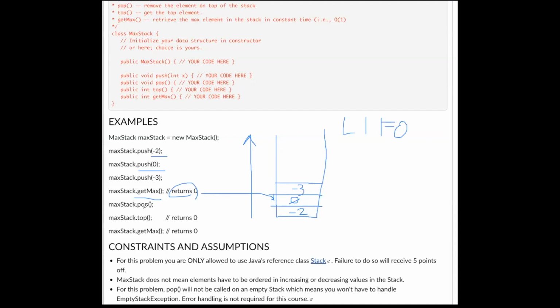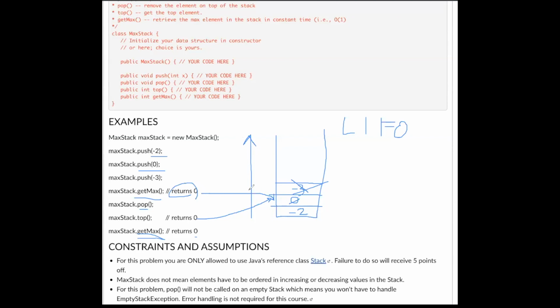That's fine. Now, when you pop something next, the next thing is to pop -3. If you pop -3 and do a top, it returns 0, because 0 is the very top of the stack. And then if you do a get max again, it returns 0, because 0 is still your all-time max. Now, I just want to be super clear.